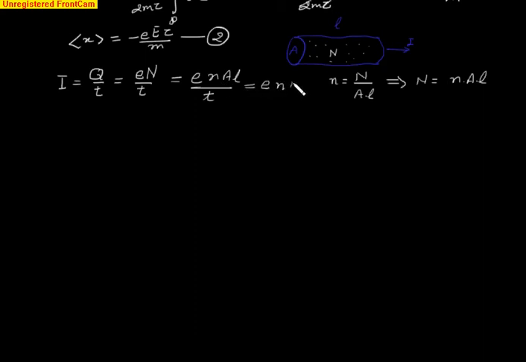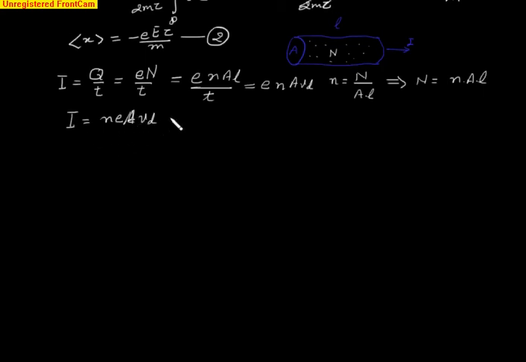Therefore we can write E, n, A and Vd, where Vd is L over T. So current may be written as n times E times A times Vd.